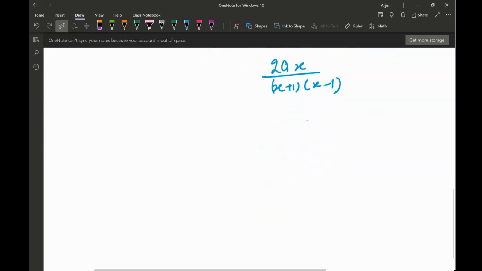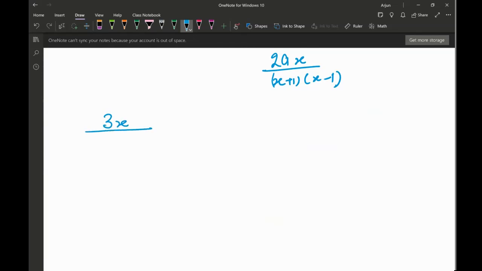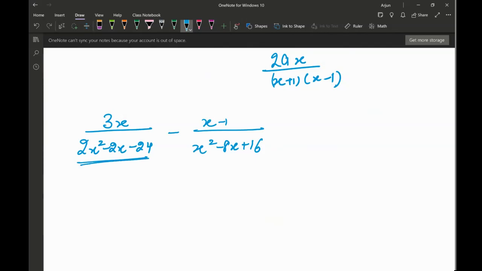Now the next question is, if the question looks like this: 3x upon 2x squared minus 2x minus 24, minus x minus 1 upon x squared minus 8x plus 16. What you're going to do is, first of all, convert it into simpler fractions.